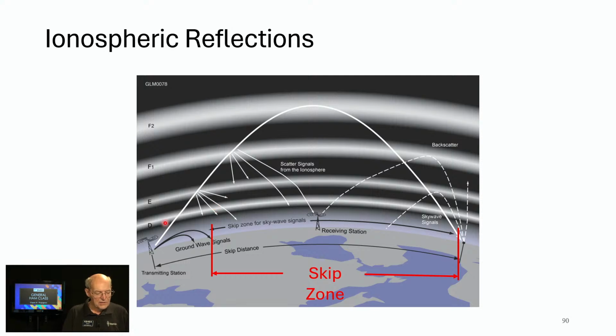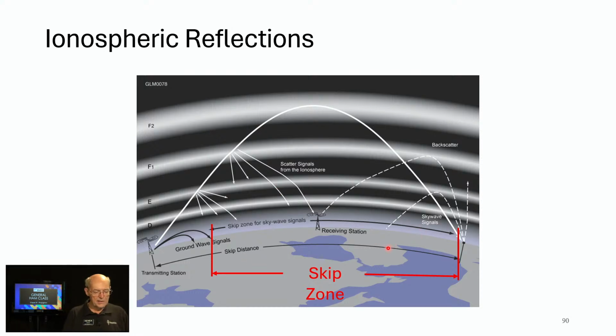So the signal is going up. It comes down to the receiving station, and then it's going to bounce from there. So we can get an effect called backscatter. This, I guess you could call forward scatter, although it's not called that, coming down this way. But backscatter, which is a real term, happens when it hits the ground and bounces back up again, and can scatter here off the E layer into the skip zone.